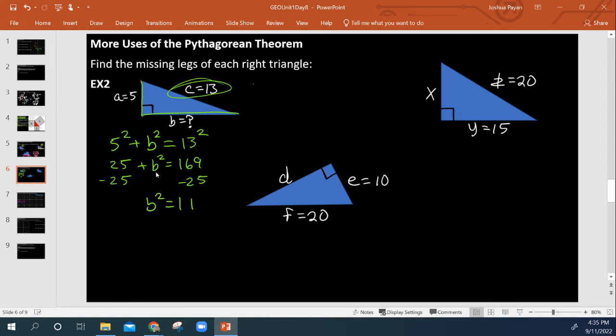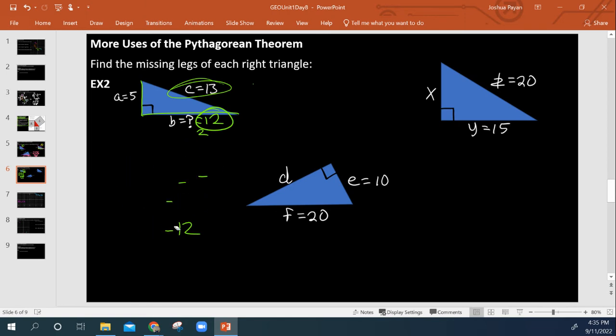B squared equals 144. I don't want to know b squared. I just want to know b, right? So I'm going to take the square root of both sides like I would any other time. And the missing leg b is simply 12. Okay. Let's do another one.